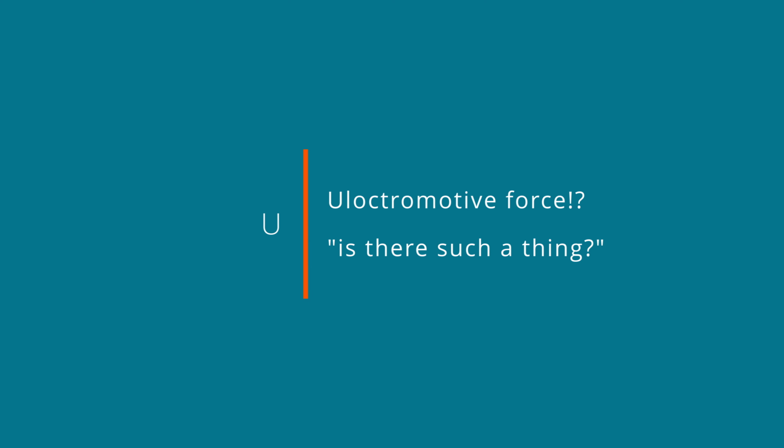Now, for those who studied physics in high school, you know that E is a shortened form of EMF, which stands for electromotive force. So some of you might want to know, what about U? What does U stand for? Electromotive force. Just kidding.